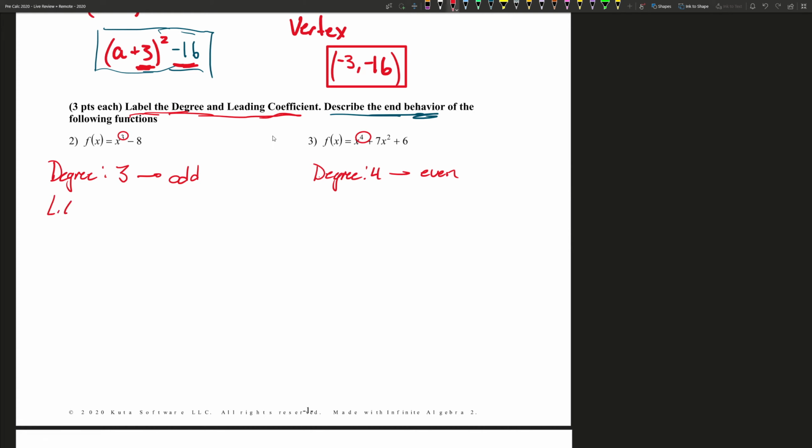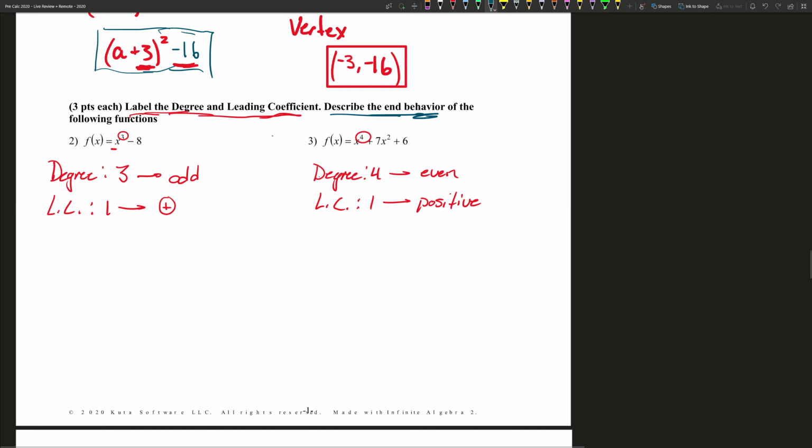Leading coefficient of the first is just 1, right? There's nothing attached to the x cubed, so it's just 1. That is positive. And then the same thing for number 3. Okay, so that's part 1.